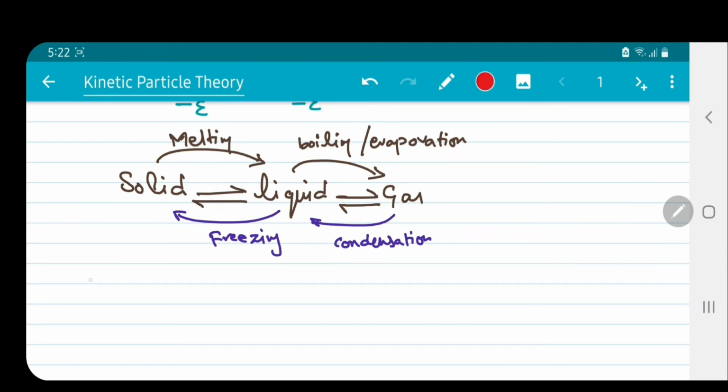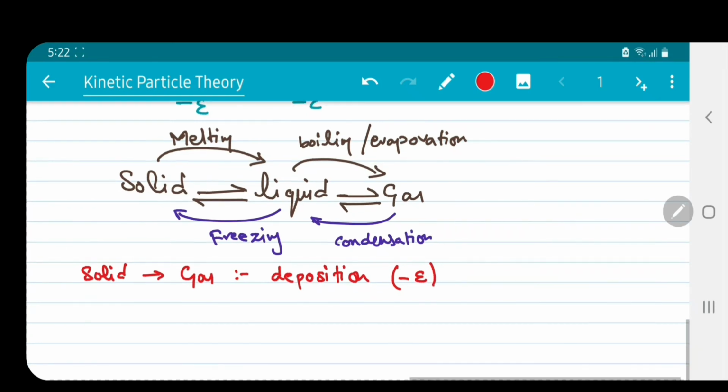And if we are converting directly, like from solid directly to a gas state, this would have a name and a process. This would be called deposition, and it would also be represented by a negative delta or negative symbol, this one.